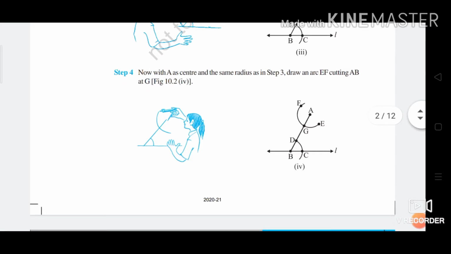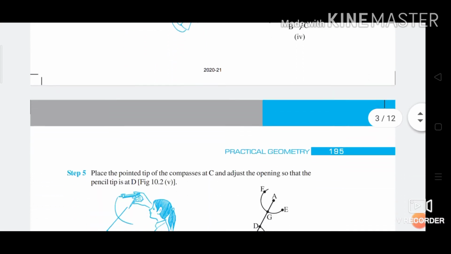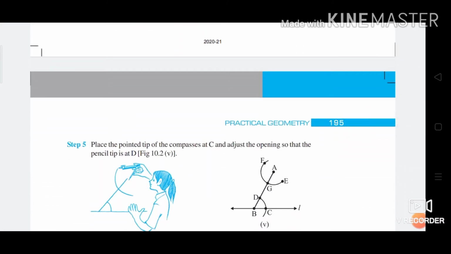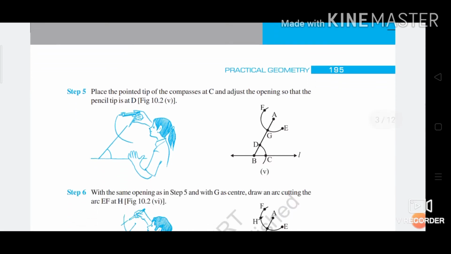So now what do we have to do? Place the pointed tip of the compass at C and measure the arc, that is, C to D. Do not change that measurement.